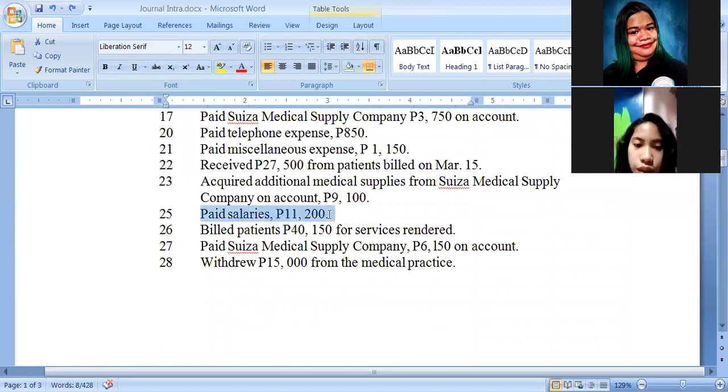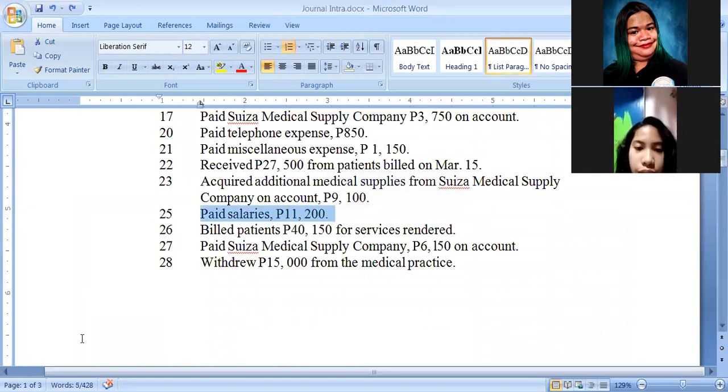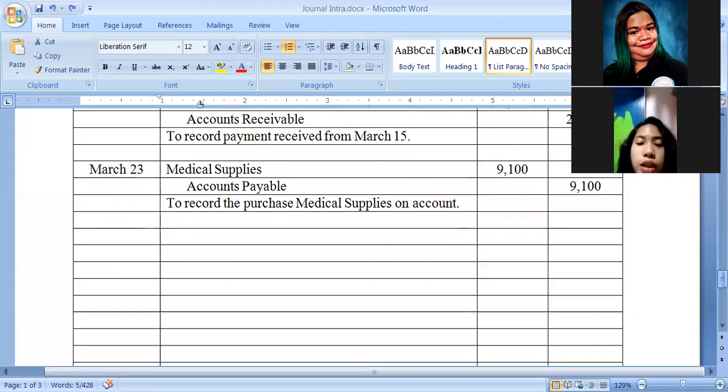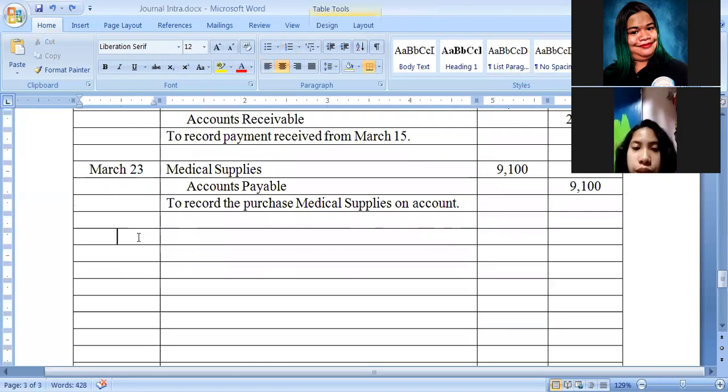On March 25 is the paid salaries of the amount of 11,200. So ni hatag na tag sweldo og 11,200. So sa March 25, atong i-debit kay salaries expense kay ni-increase man ato ang expenses and according sa rule ato siyang i-debit on the amount of 11,200.